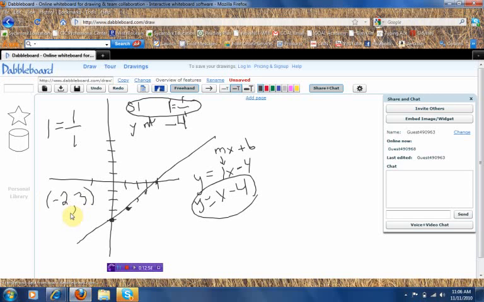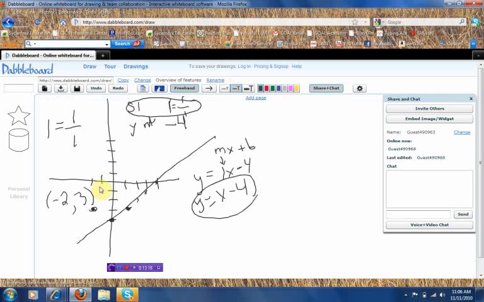Okay, close. You got the -2 part right, but what did you do instead? Oh, okay, yeah, because it's positive. So it should be where? Okay, now, is that point on that line? No. So you're correct, the answer is no.